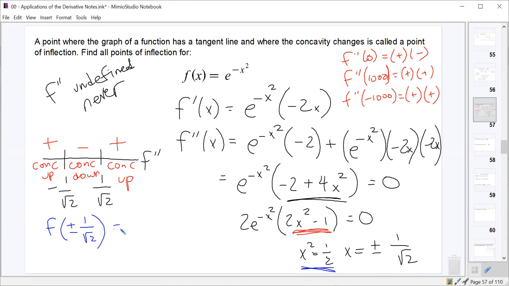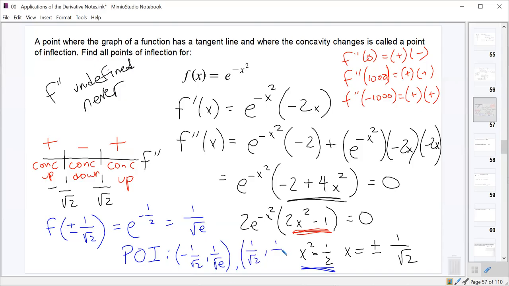So this just becomes e to the negative 1/2, or we prefer 1 over root e. So we have 2 points of inflection. The first is negative 1 over root 2, 1 over root e. And the second is positive 1 over root 2, 1 over root e.